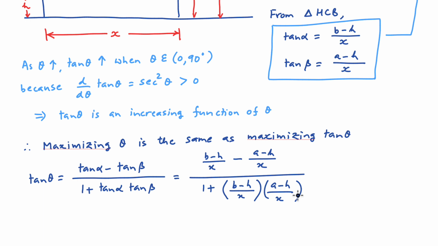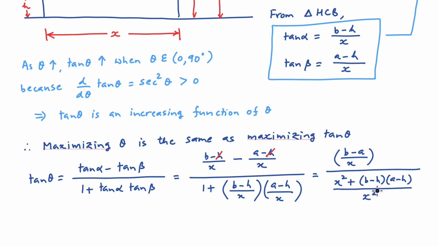A couple of terms cancel in the numerator, and this is equal to (b minus a upon x) divided by, taking a common denominator in the bottom part of this expression, (x square plus (b minus h) times (a minus h)) divided by x square. 1 upon x cancels across the numerator and the denominator.